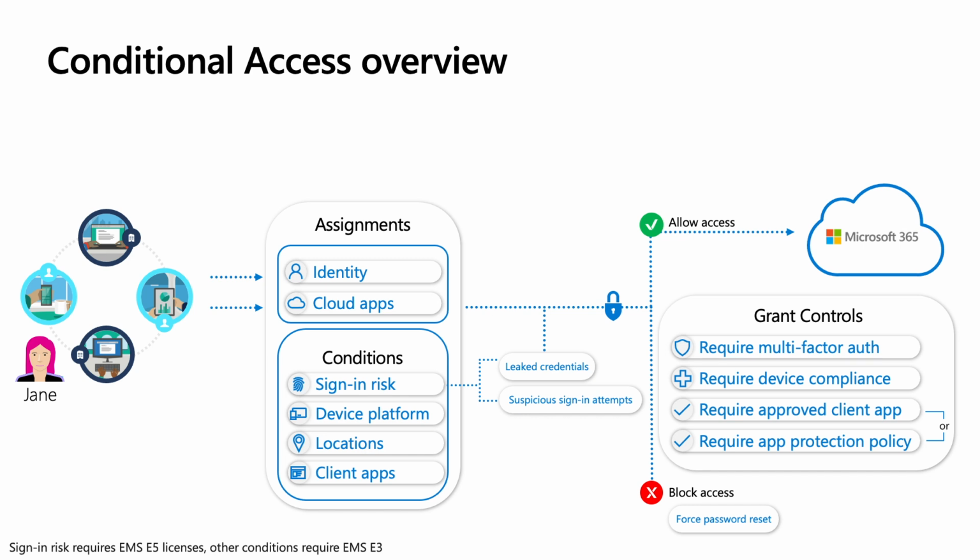And we do that by evaluating a set of assignments, like who's attempting to authenticate, what cloud app or endpoint they're attempting to authenticate against, and specific conditions of their authentication request, like what location are they attempting to authenticate from, what device platform are they utilizing, what client app are they attempting to use to authenticate with.